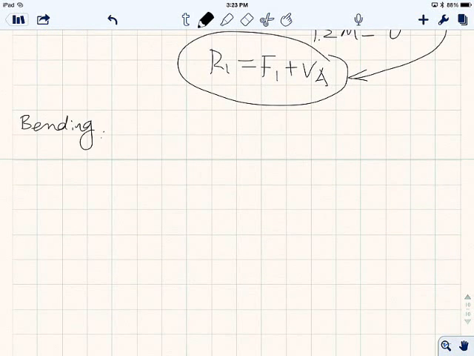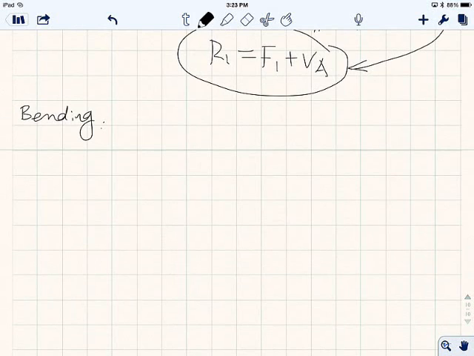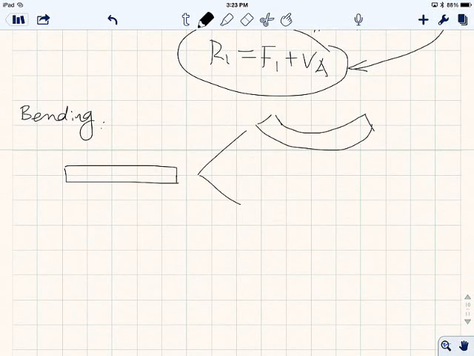Another thing we learned is bending, right? And bending is relatively simple. You have a beam like this, right? If you apply a moment, it's going to bend. We call this positive bending. So if a bending moment is causing the beam to bend up, we call it positive bending.